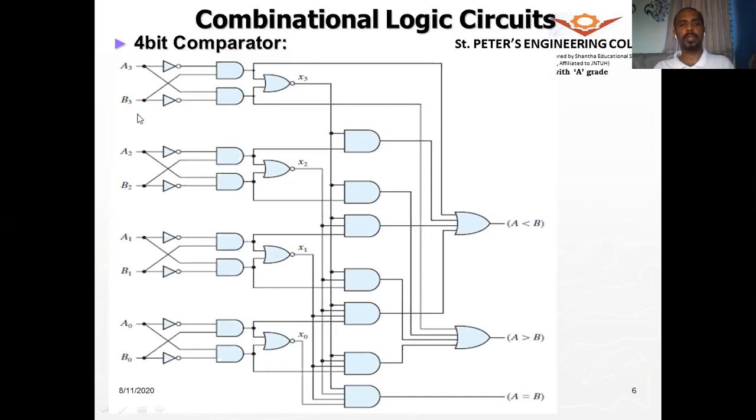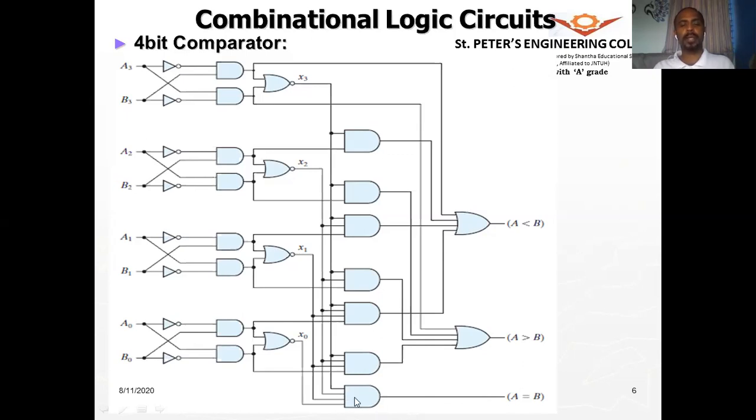So whatever the equations we realized, you can trace that we are getting all the equations. So if x3 is equal and x2 is equal and x1 is equal and x0 is equal, only then we say A is equal to B. So for A equals B, all the 4 bits should be equal.